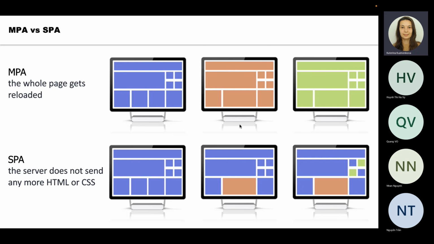The page will be recreated from scratch, and the data will be different. So when you go from one page to another, the content is fetched once again, not like in a single page application where only one part changes.